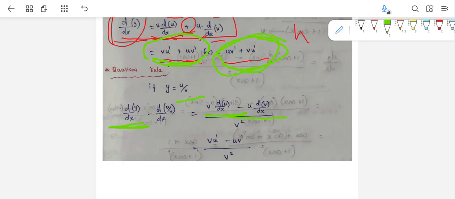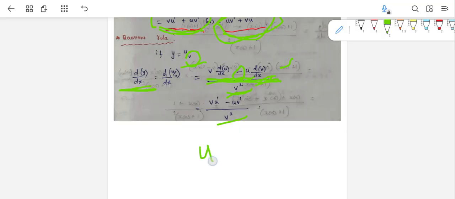First v as it is, into du by dx, the differentiation of the other term, minus, keep the other term as it is, u into dv by dx, differentiate that. V always means the denominator, again divided by v square. In a division question, whatever you have as the denominator, take the same thing, square it and put it in the denominator. So you can write it like this, or v u dash minus u v dash by v square.